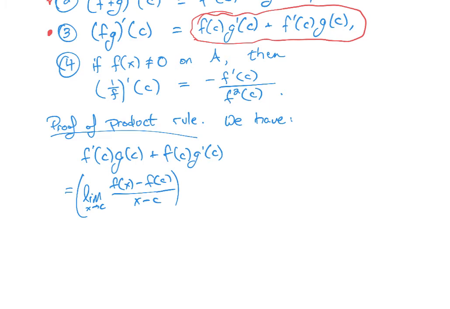Now, here's the creative substitution. Instead of g of c, I actually want the limit as x goes to c of g of x. Okay. That's the same thing as g of c because g is continuous. And g is continuous at c because g is differentiable at c, and we just proved that proposition.